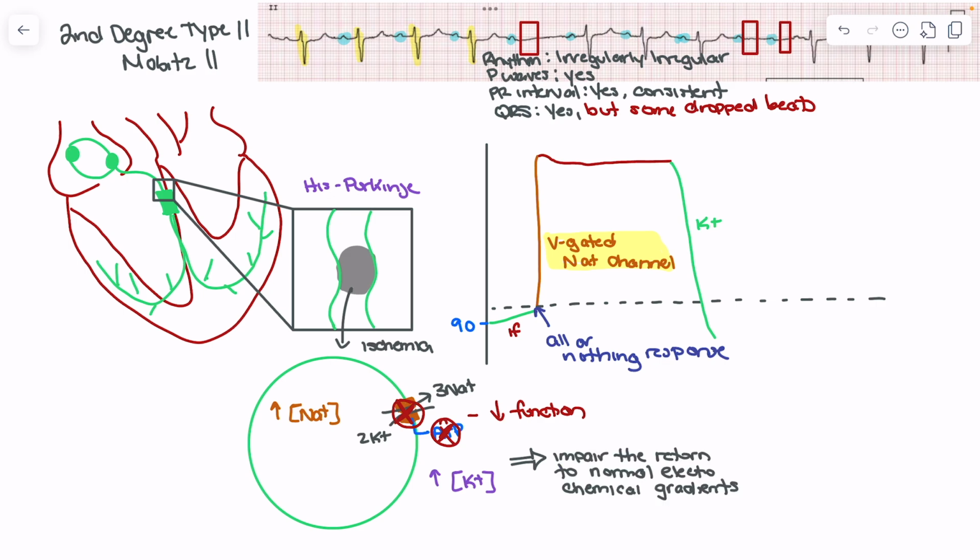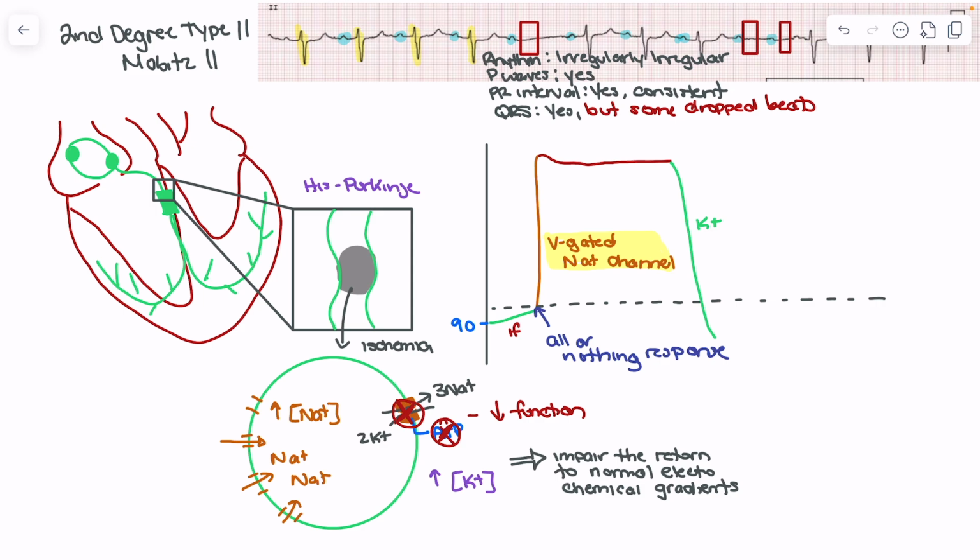What that means is by the time the next impulse comes around, I may have less sodium outside for influx into the cell, and less potassium inside for efflux out of the cell. And what we know is that the way in which we have an action potential here is through opening these voltage-gated sodium channels and allowing for a big influx of sodium into the cell. That's what's driving our action potentials forward.